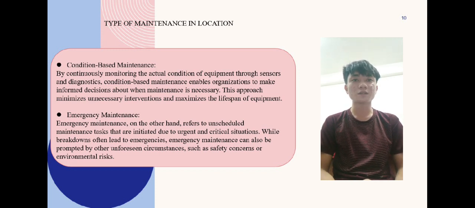Next is emergency maintenance. Emergency maintenance, on the other hand, refers to unscheduled maintenance tasks that are immediate due to urgent and critical situations. While breakdowns often lead to emergency maintenance, it can also be prompted by other unforeseen circumstances such as safety concerns or environmental risks.